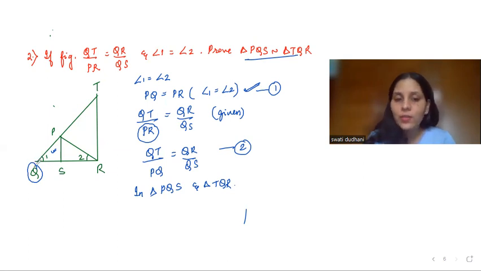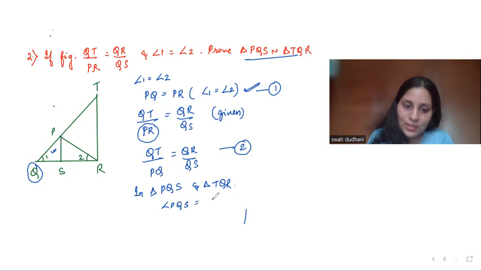In many questions, if you have a common angle in both the triangles, that will definitely be equal. Whatever the value of Q, that will be the same for PQS as well as TQR. So I can write angle PQS is equal to angle TQR, reason being common angle.